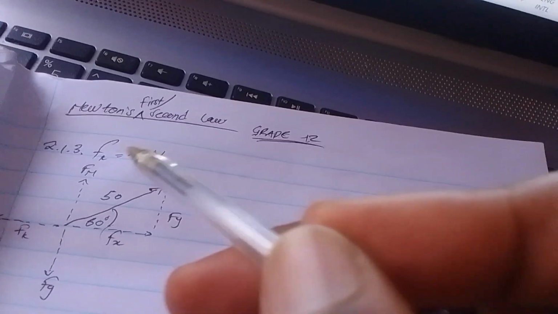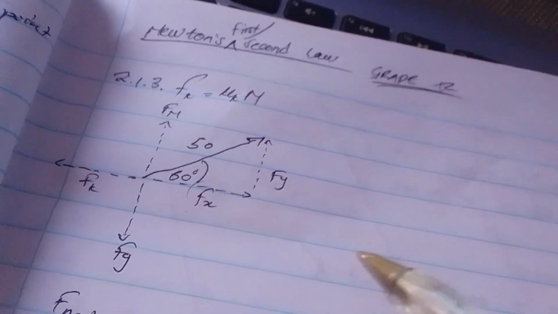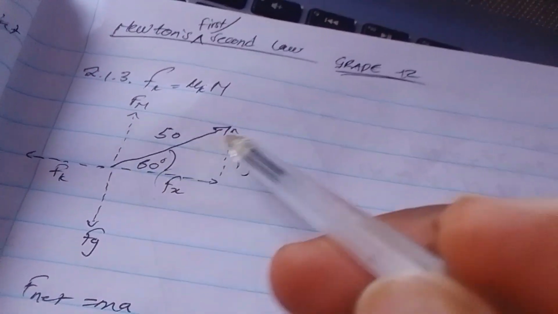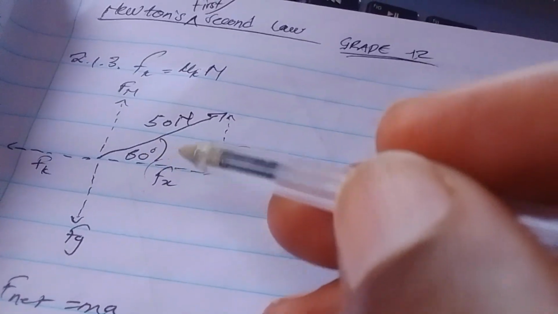I just don't know what this thing means. But it's the coefficient of the frictional force. So okay, let's look for the forces that are acting on our suitcase. There is the applied force, which is 50 newtons at an angle of 60 degrees.